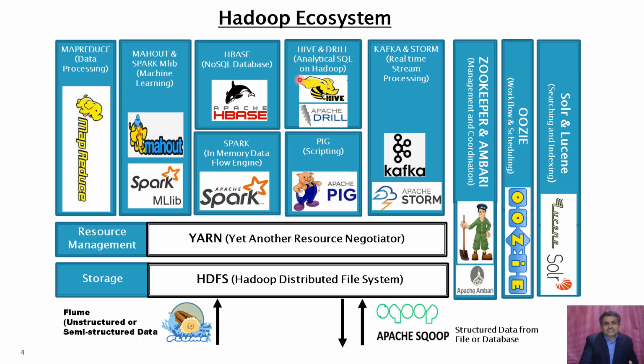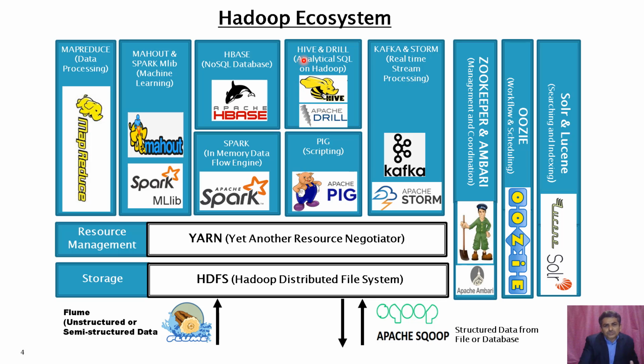Next component is Hive and Drill, for analytical SQL on Hadoop. As you know, whenever we have to write any MapReduce task or job in Hadoop, we have to write that code in Java. So instead of writing Java, we can convert those MapReduce tasks into simple SQL-like queries.